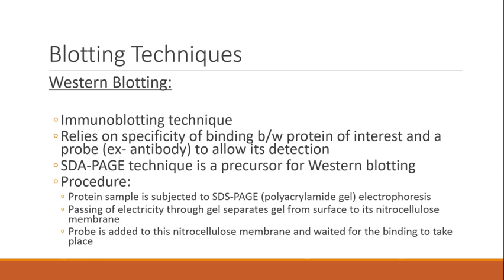We pass electricity through that gel so that it separates, and it is transferred onto a nitrocellulose membrane. The probe is added to this nitrocellulose membrane, and then it is left for the binding to take place, similar to this procedure. But in both situations, the depiction of binding in the results is totally different.